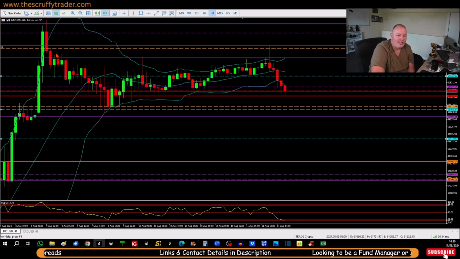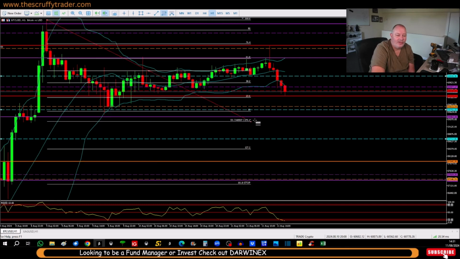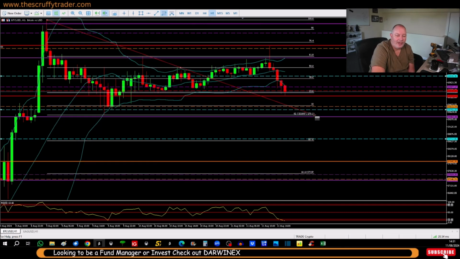The bigger move is this one, giving these, but then we have this move that this needs to break. Now it's had a go at it, pushed up, collapsed, but it's had 1, 2, 3, 4, 5 hours of selling. So again, I'm going to look to frame it out.